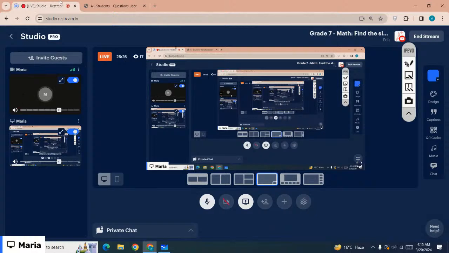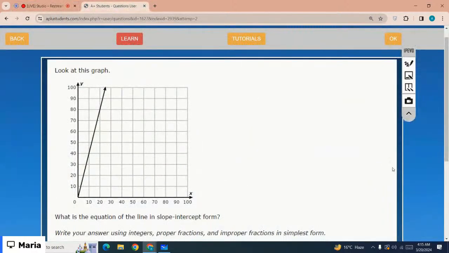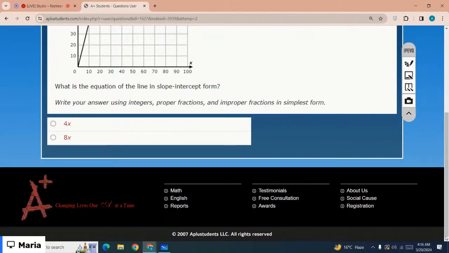So the correct option is y equals 4x, option number 1 is the correct option, right?